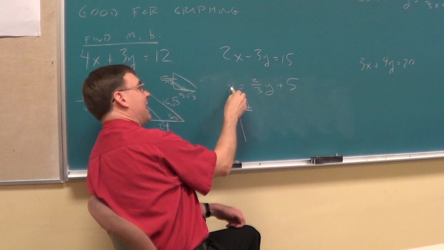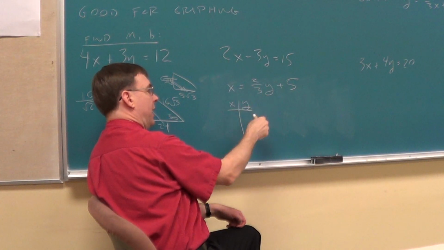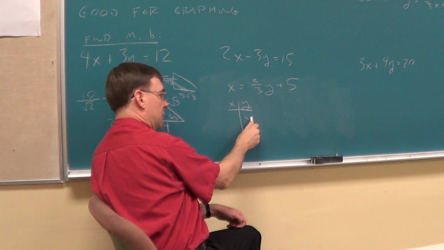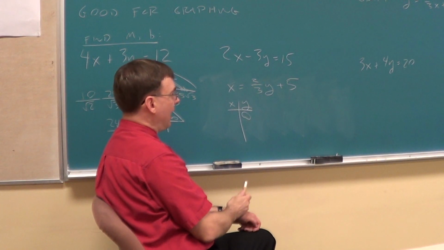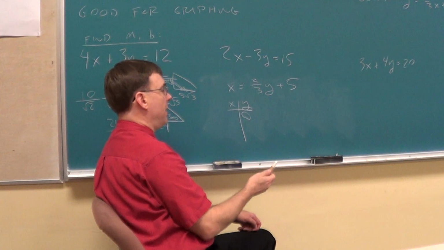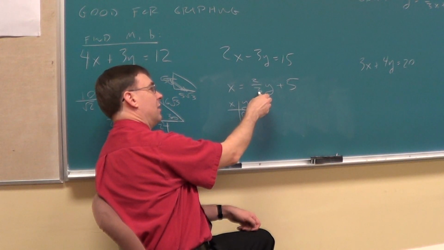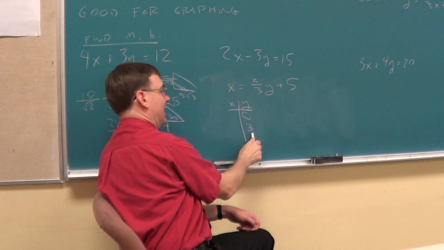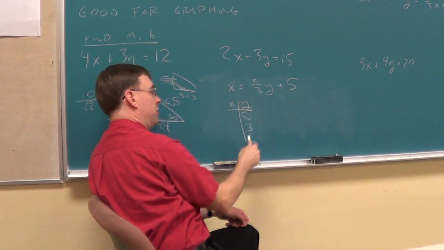So anything that's x equals, you want to pick your numbers for y. You'll always pick 0. And then depending on the context, you want to pick other numbers that make your math simple. Probably 3, because the 3 would help cancel the 3. 6 would be another number that helps you cancel the 3.